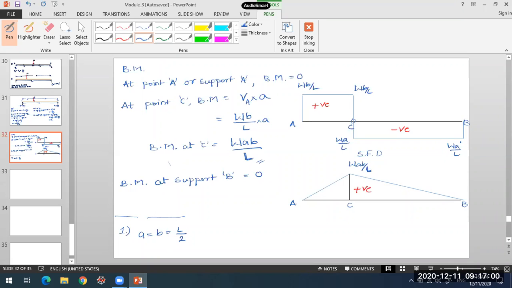Exactly at the center, under the load, the shear force is changing sign. And the maximum bending moment will occur at the middle of the span and its value will be WL by 4.